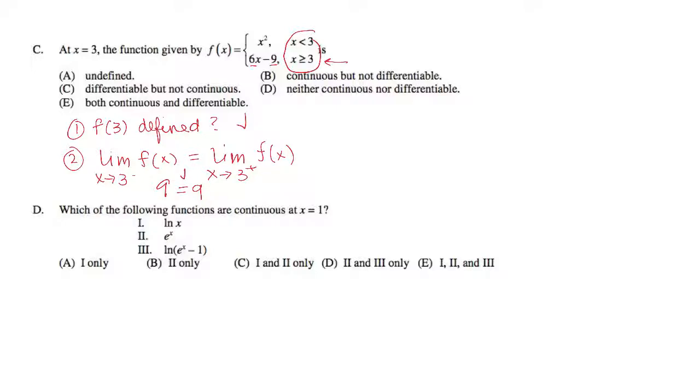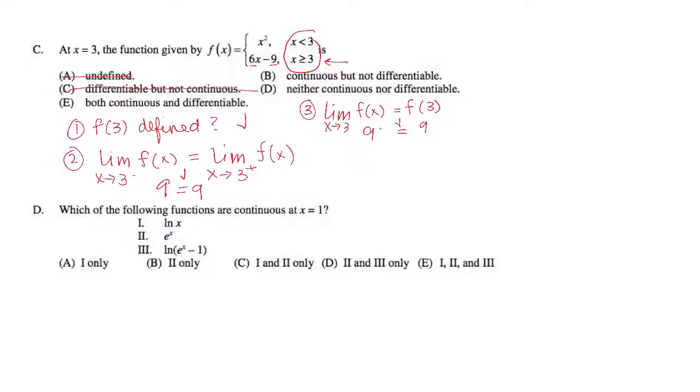So that checks out. And so the third thing is, does the limit as x approaches 3 of the function equal the function's value at 3? So we saw that our limit value was 9, and the actual function's value is also 9. So we are at least continuous, so we can throw out A.